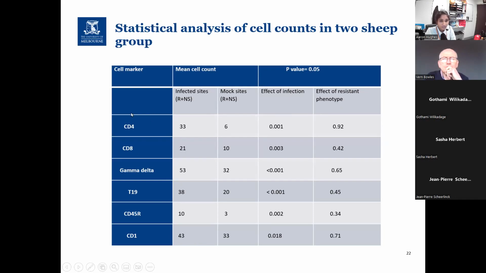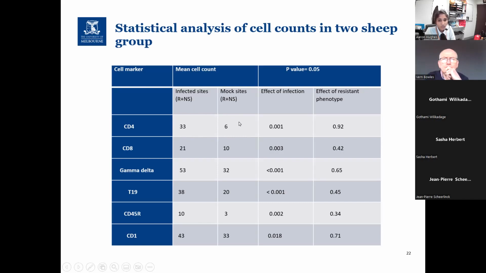For example, if we see the CD4 cell count, in the infected site the mean cell count is around 33, and in the mock site it's around 6. So there's about a 5-fold difference in mean cell count between the infected and mock site.